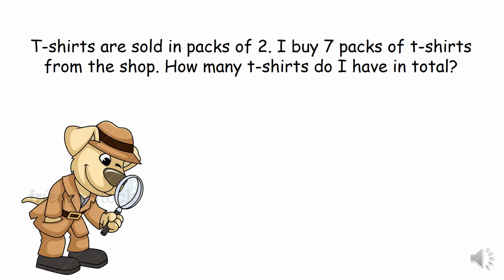So now we're going to be detectives. We're going to spot the important numbers in the word problem. Can you see any important numbers that will help us? Good, I can see the number 2, so let's circle that. And I can see the number 7, so let's circle that. Can you spot any important words, any mathematical words that will help us out today?